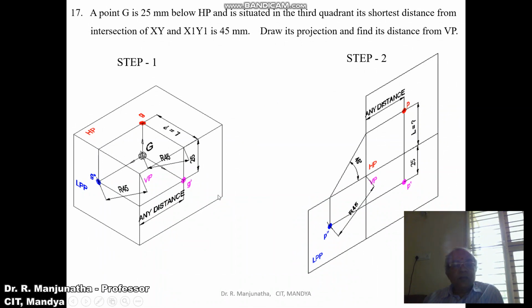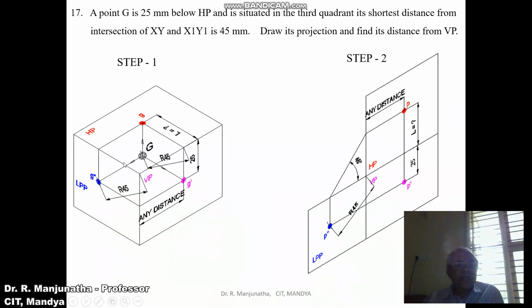So this distance can be seen in the vertical plane as well as in the horizontal plane. The distance from the profile plane is the shortest distance. We know this distance and we know this distance, so the remaining distance can be easily found.